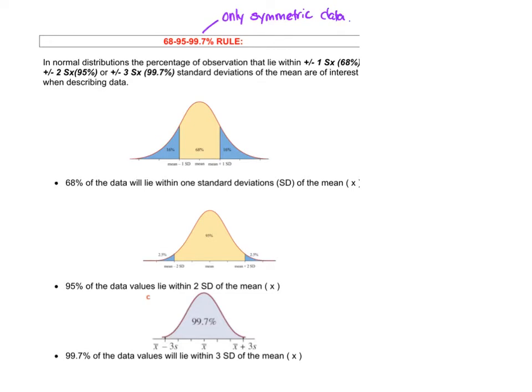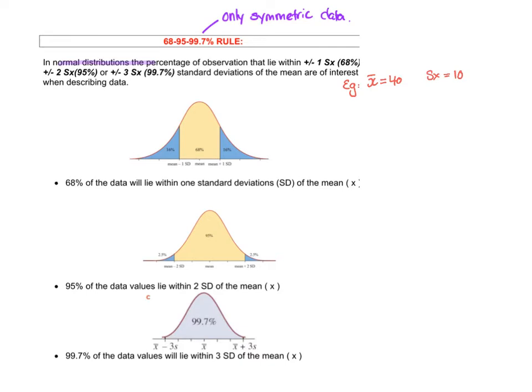I've written in the explanation, in normal distributions, if you go plus or minus one standard deviation, I'm going to draw a little example. So I'm going to say, as an example, that the mean, I'm making this up, is 40 and the standard deviation is 10.